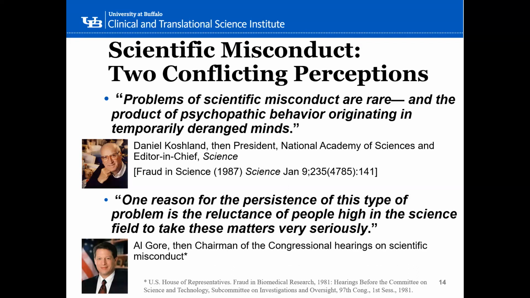He was then the president of the National Academy of Sciences, and also at that time the editor-in-chief of Science, one of the most famous scientific magazines worldwide. And what Koshland said was this, and this is a quote: "Problems of scientific misconduct are rare and the product of psychopathic behavior originating in temporarily deranged minds."